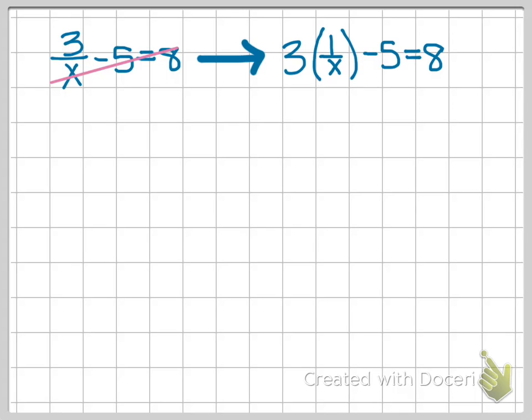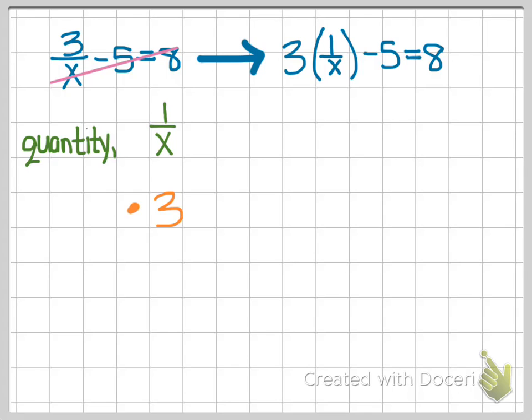So similar to our previous problems, we're going to start out with a quantity. But now our original quantity is going to be the inverse of x. So this inverse of x, this unknown quantity, is going through a series of operations and is being related to a value and a quantity of 8.